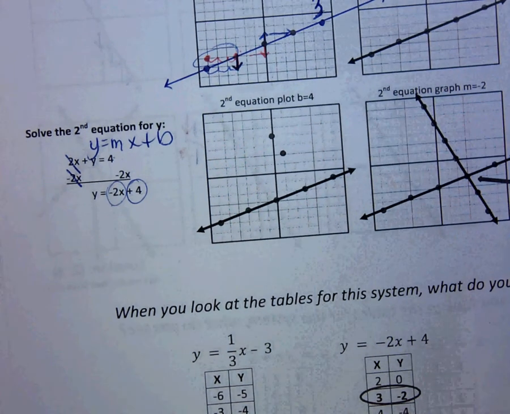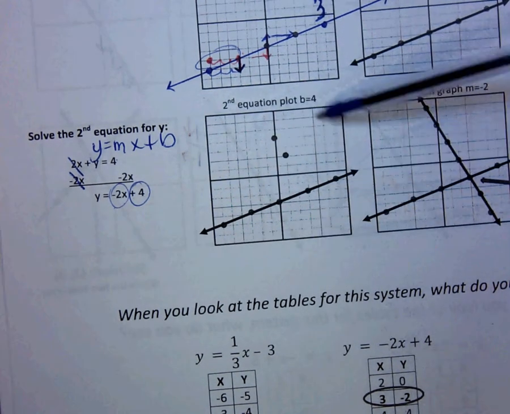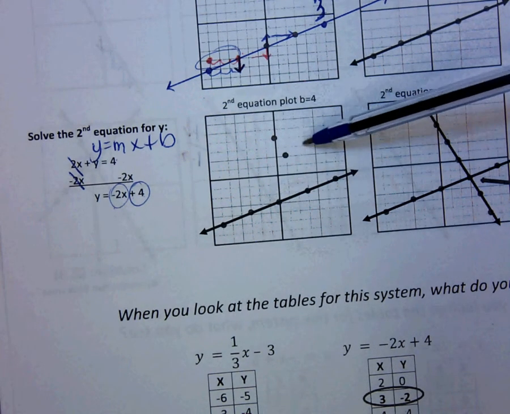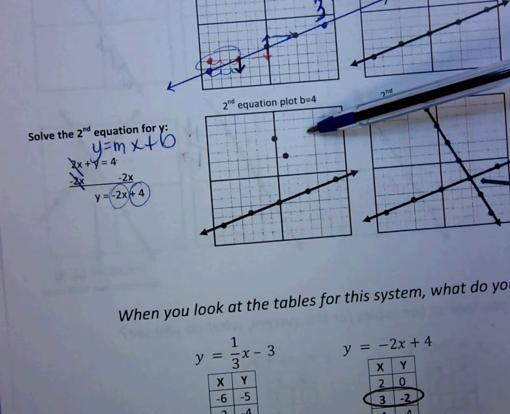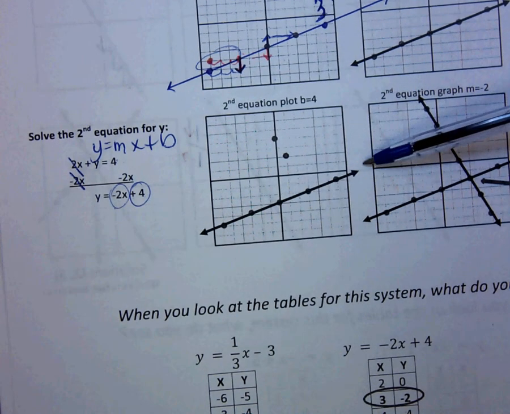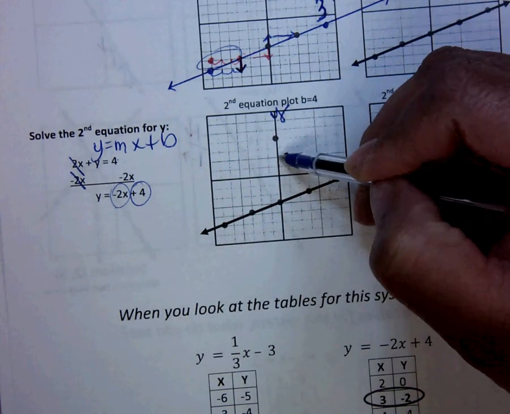We want to plot b, the y-intercept, on the same coordinate plane. Okay, for those who are saying, what? On the same graph as equation number 1, so that we can see where they cross. So b is 4. We know to go to the y-axis. 1, 2, 3, 4.